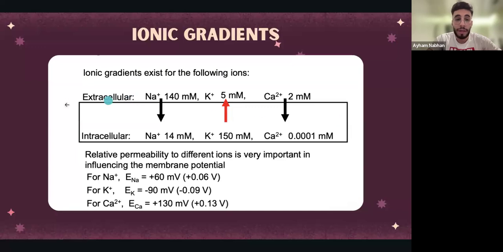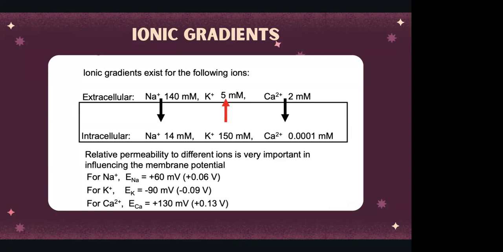Let's imagine that this rectangle is your cardiac cell. We have an extracellular space and an intracellular space, and we have three ions that would make a diffusion potential in the cardiac tissue. They modify and facilitate the action potential as well as the resting membrane potential.